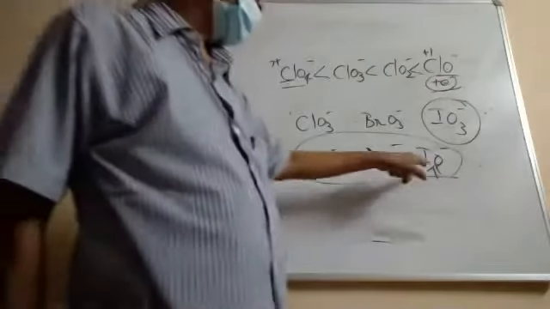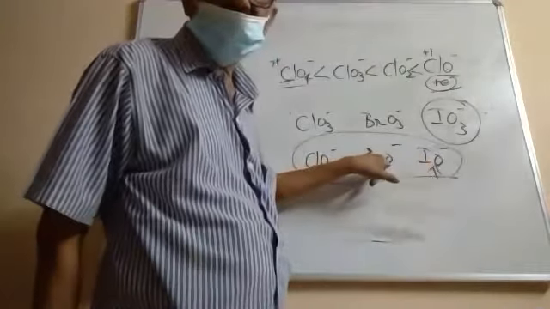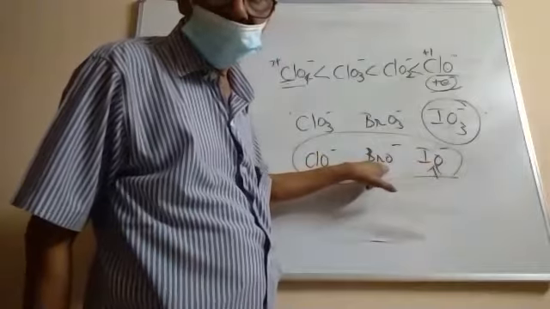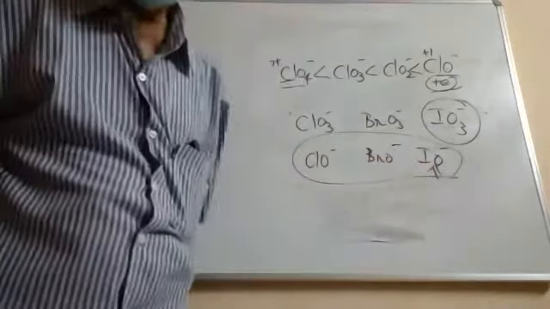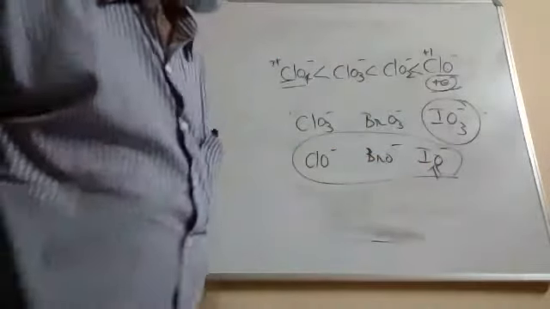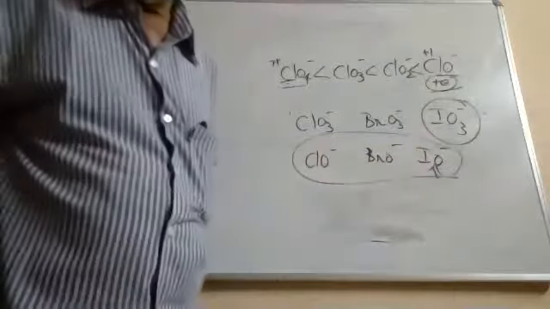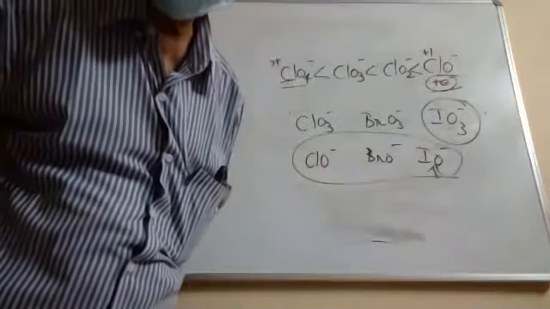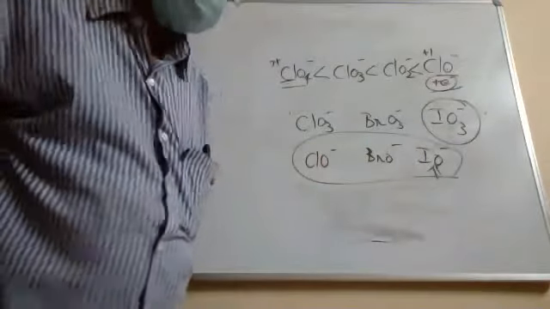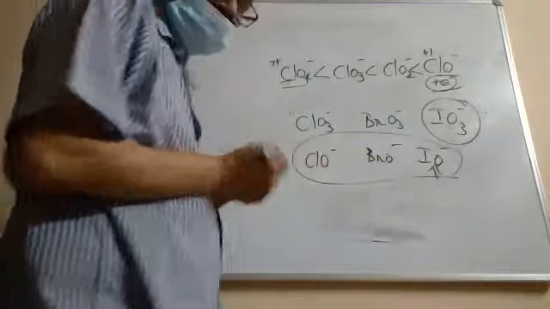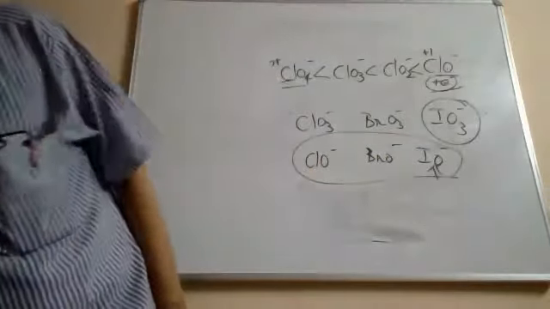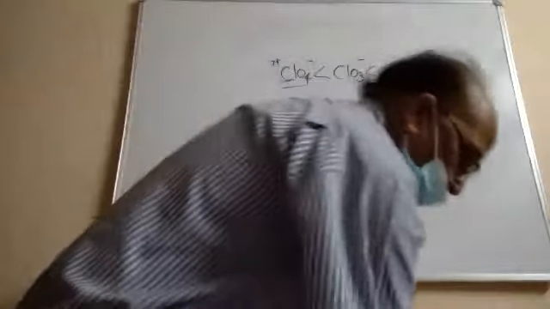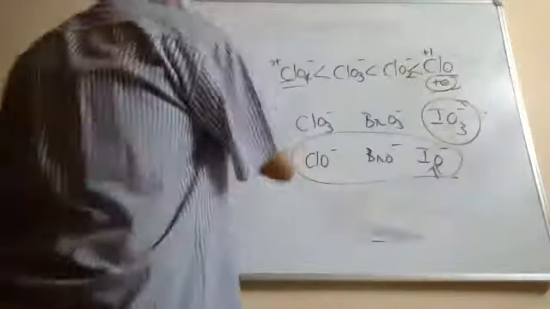The problem is the stability of the hypoiodite. That's the reason why we use hypobromites for oxidation, not hypochlorites. Ideally, this should be the easily reducing, that means highly oxidizing. Let's look at other polyatomic ions and then see the stability in water.